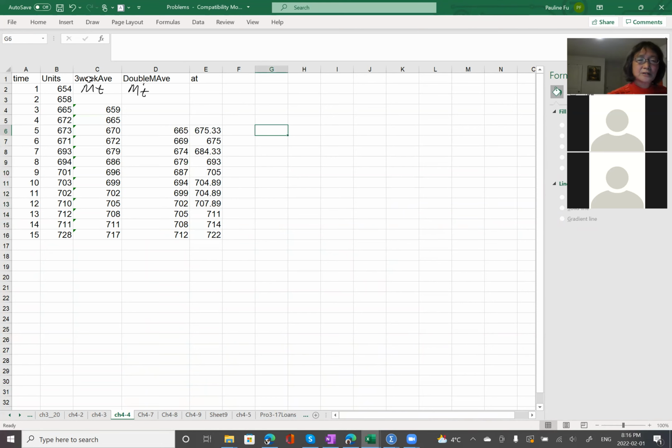And then you calculate BT here. BT equal to 2 over K minus 1, K is 3, times MT minus MT prime. So that is BT.